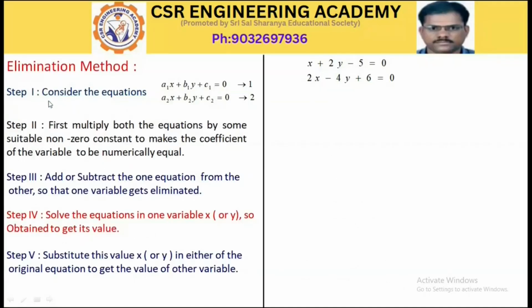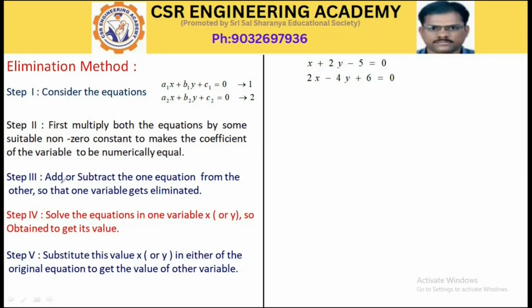Elimination method. Step 1. Consider the equations a1x plus b1y plus c1 is equal to 0, equation 1, and a2x plus b2y plus c2 is equal to 0, equation 2. Step 2. First, multiply both the equations by some suitable non-zero constant to make the coefficient of one variable numerically equal.